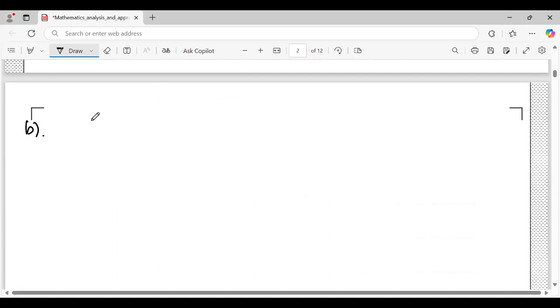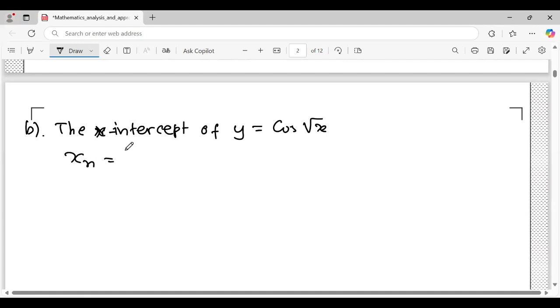Part B. The x-intercept on the x-axis of this curve y equals cosine square root x is given by xn equals (2n minus 1) squared pi squared over 4.